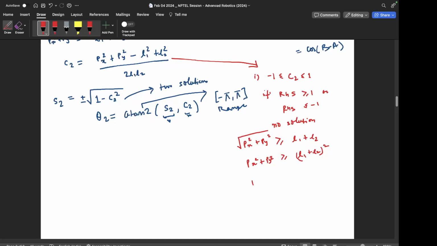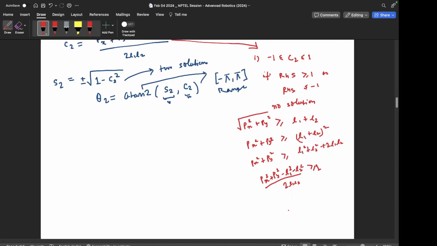Now if we further expand this, we will have px square plus py square is greater than L1 square plus L2 square plus 2L1 L2, right? And if we rearrange the terms to get a familiar expression as above, we will get that this quantity over 2L1 L2 is greater than 1.